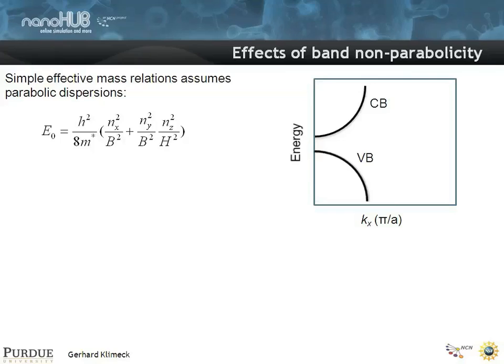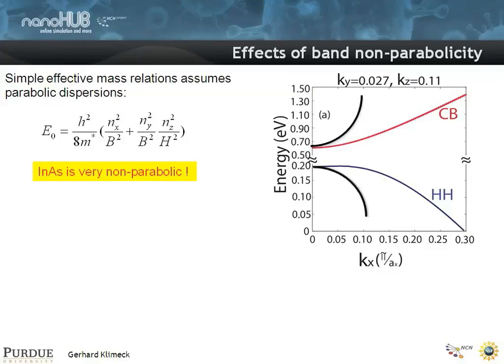Another effect that you need to be aware of is that the bands are really non-parabolic. In particular, indium arsenide is very non-parabolic. We had that in the resonant tunneling diodes as well. So what you thought would be a nice parabolic band, the heavy hole and the electron bands, are very non-parabolic.